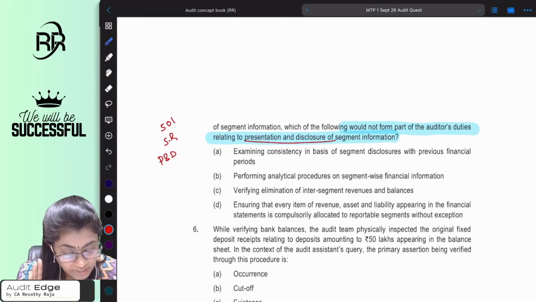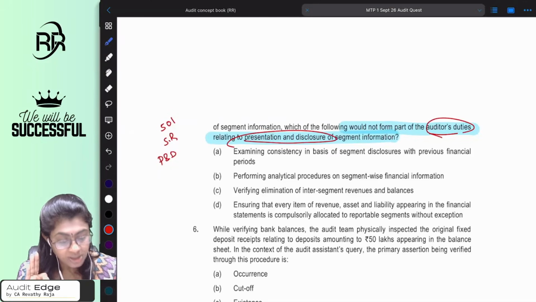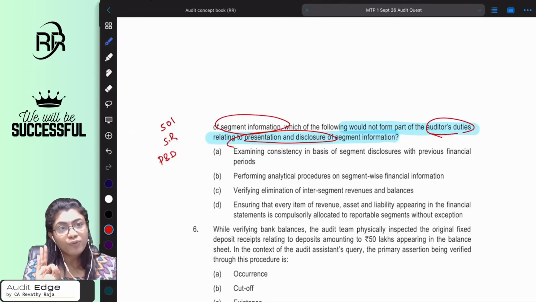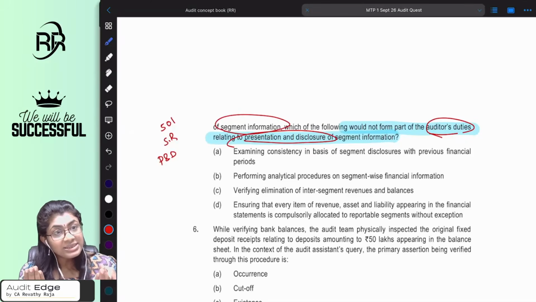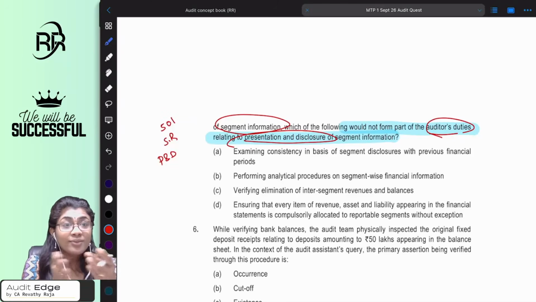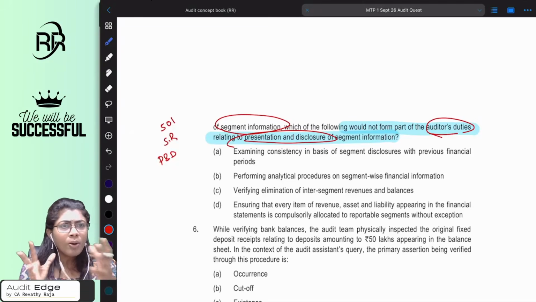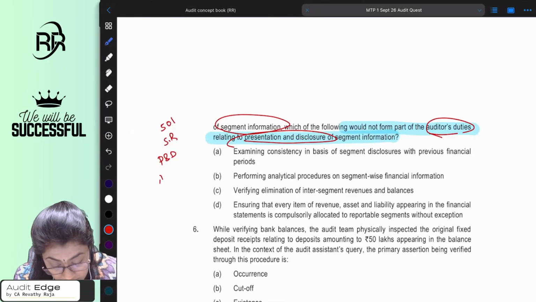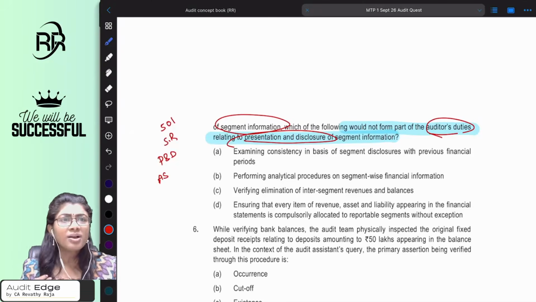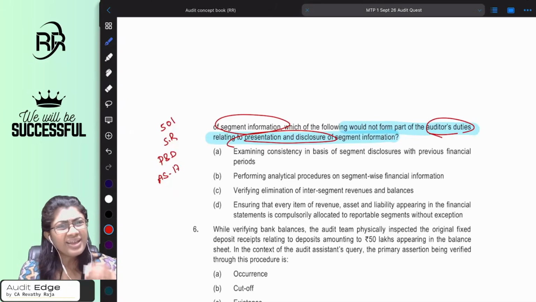Watch out, presentation and disclosure, the auditor has to check regarding segment information. In that, there are certain points. You will understand the methods performed by management. You will perform analytical procedure. You will check what method they use, whether it is consistently applied. All those you will check. Plus, there is an accounting standard also. AS 17, right? You learn in your accounts.